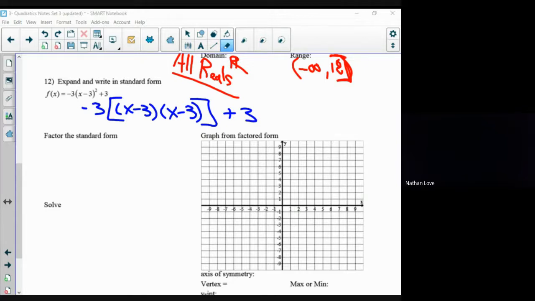x minus 3 times x minus 3, outside and inside.